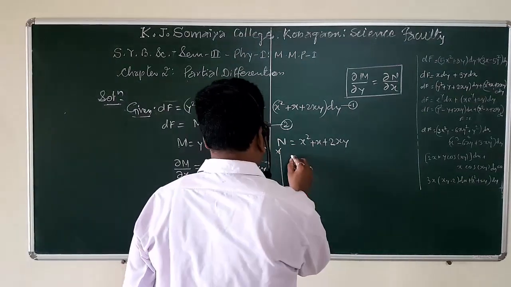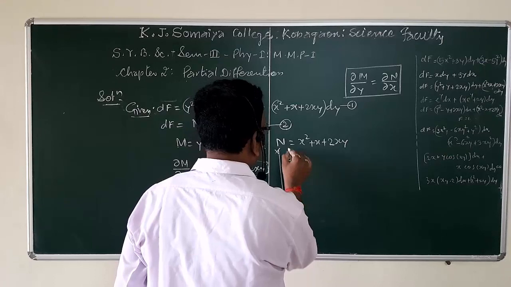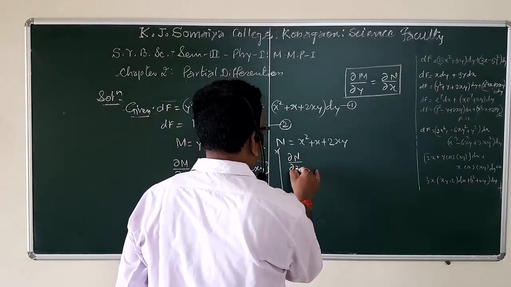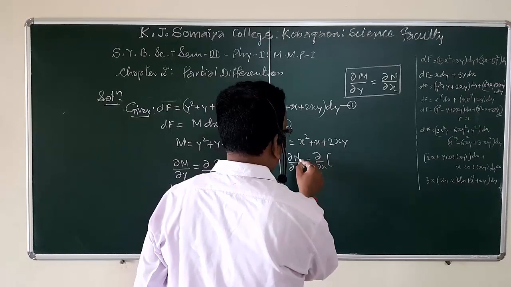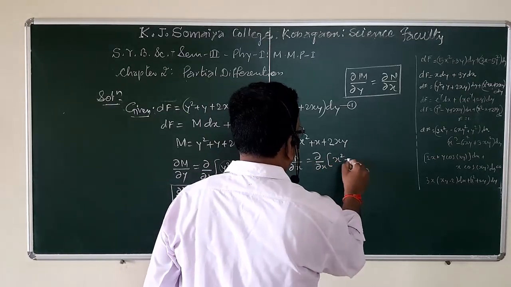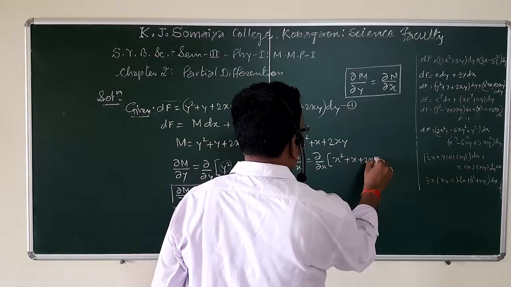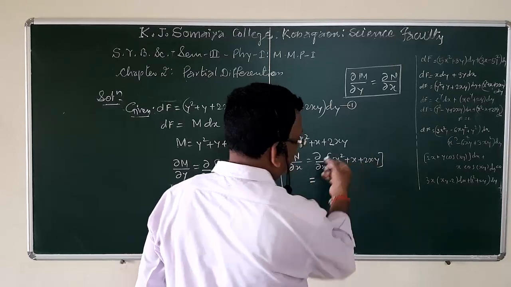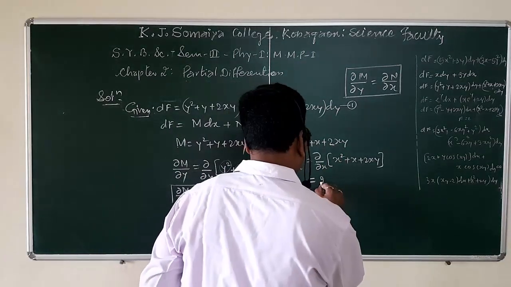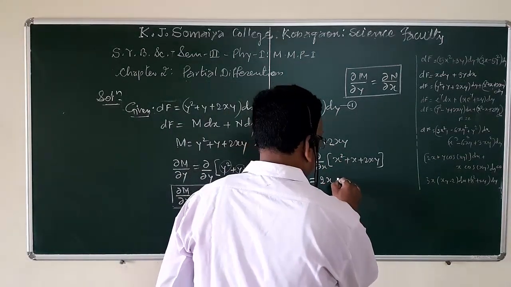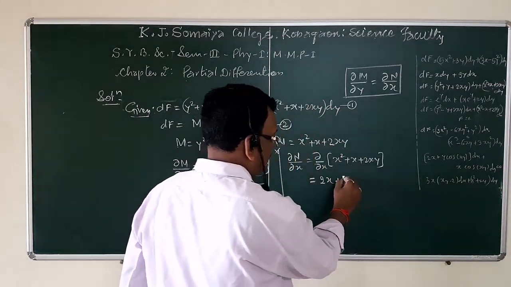By a similar method, we differentiate n with respect to x, which is ∂/∂x, and put the value of n, that is x square plus x plus 2xy. Solve the differentiation. Differentiation of x square with respect to x is 2x. Differentiation of x with respect to x is 1.